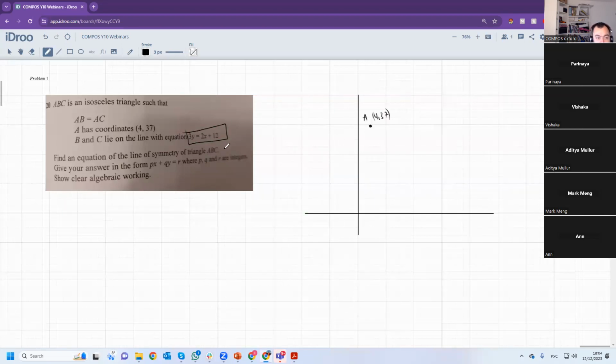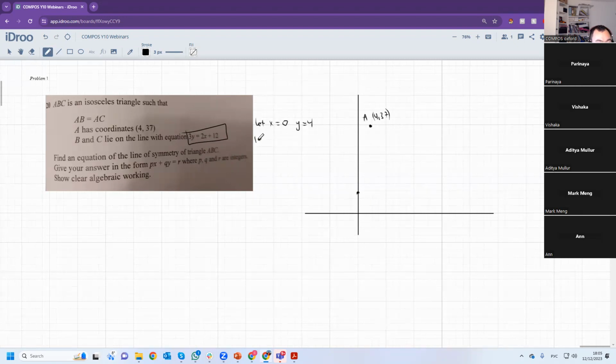The quickest way to draw a line, especially if the gradient is not clear from here, is to let x equals 0, and then y equals 4, so (0, 4).